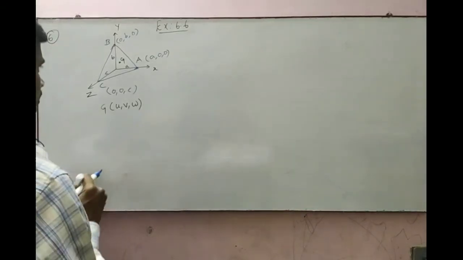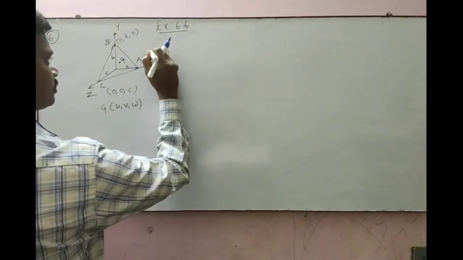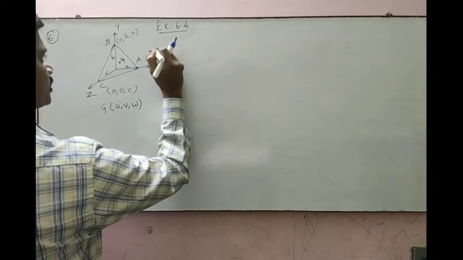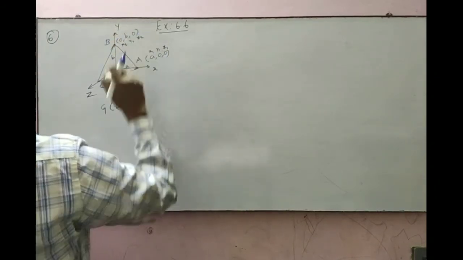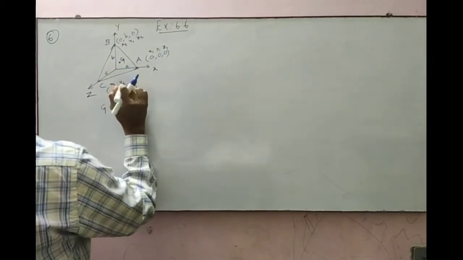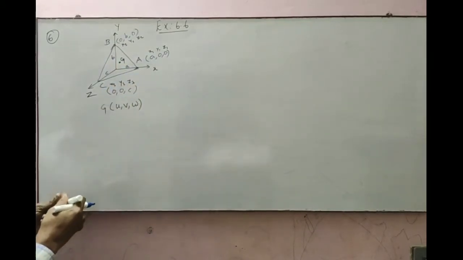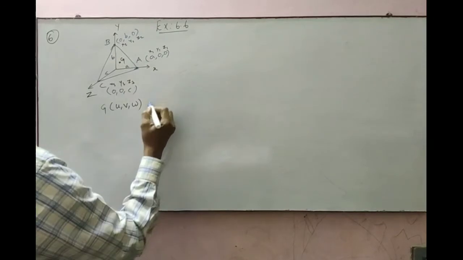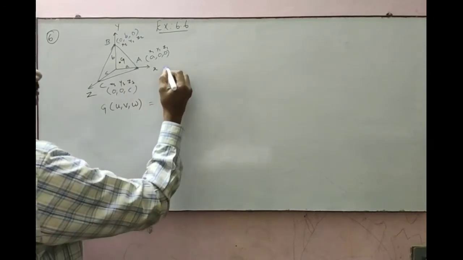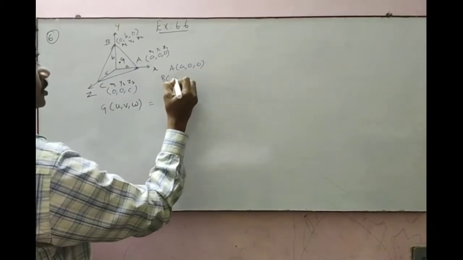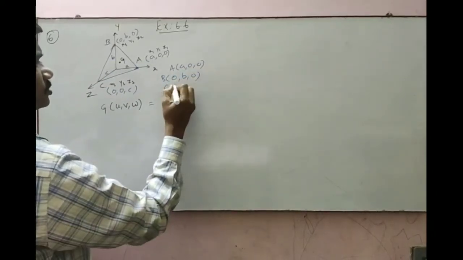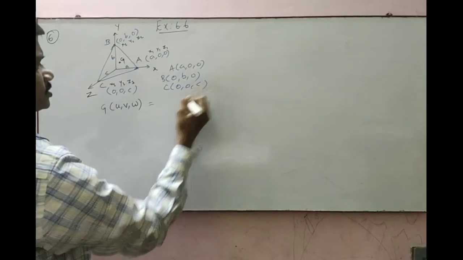Okay. If you treat this as triangle ABC, x1, y1, z1, here this is x2, y2, z2 and this is x3, y3, z3. G is the centroid. A is a, 0, 0, B is 0, b, 0, C is 0, 0, c.